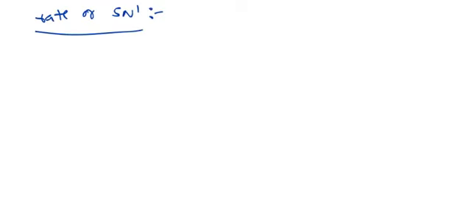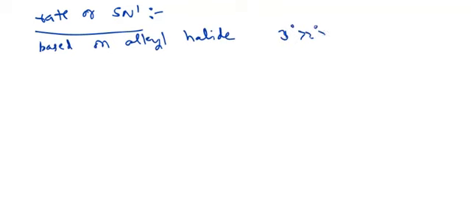Different factors will affect the rate. First, based on the type of alkyl halide, this we already know: tertiary will have a higher rate than secondary, than primary. Here, take iodine.